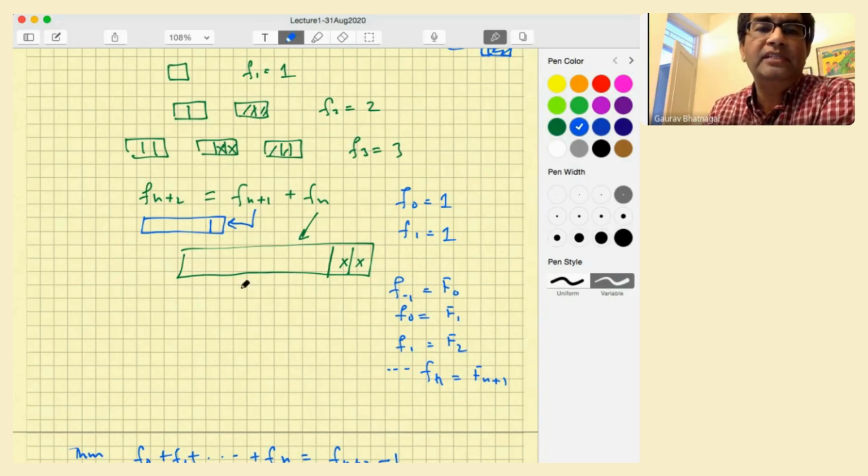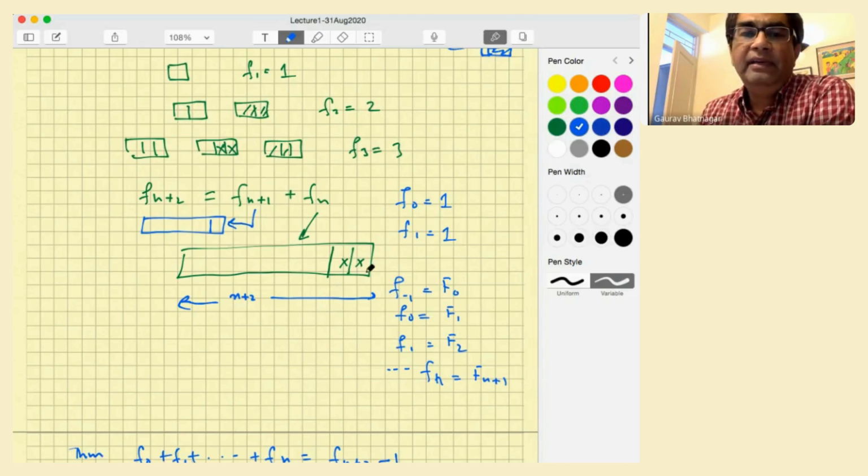Fn plus 2 is, yeah, there are n plus 2 squares here. And so that is fn plus 2, and we split it into two parts. In one of them the last piece is a square, and in the other the last piece is a domino. If it's a domino, then how many such are there?